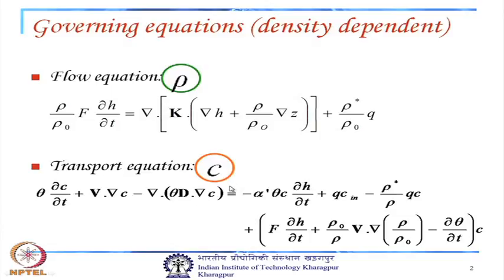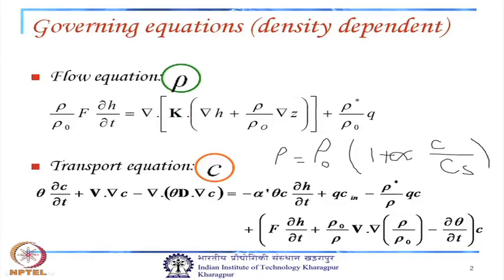Now, as we have seen, density is related to the reference density with the relationship rho equals rho naught times 1 plus alpha, and this is concentration divided by CS.